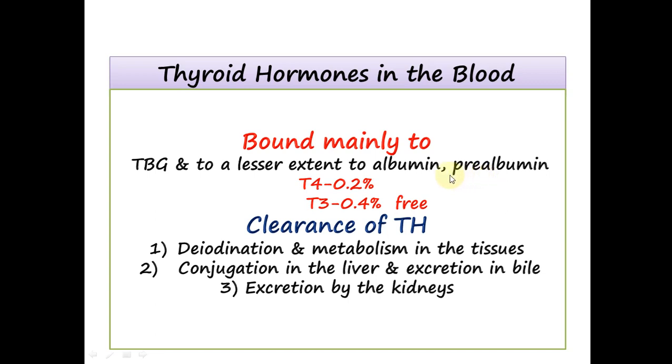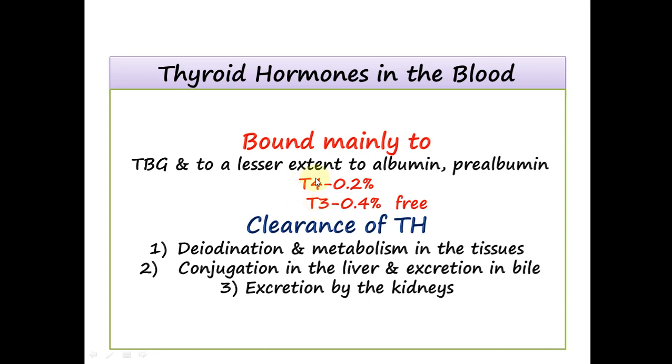The protein bound form of the thyroid hormone is of no use. It just acts as a storage, and small amounts of thyroxine and T3 are released from these proteins.